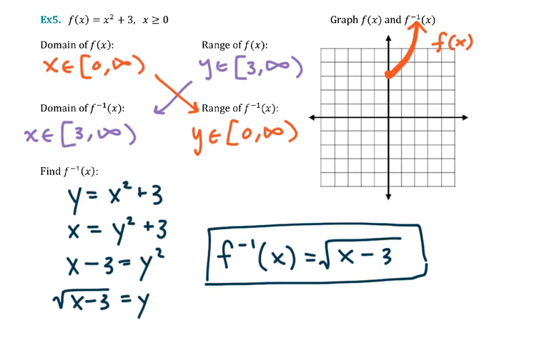So my inverse graph looks like this. And you'll notice, and if you graph them on your calculator, again, they're a reflection over the identity function, y equals x.